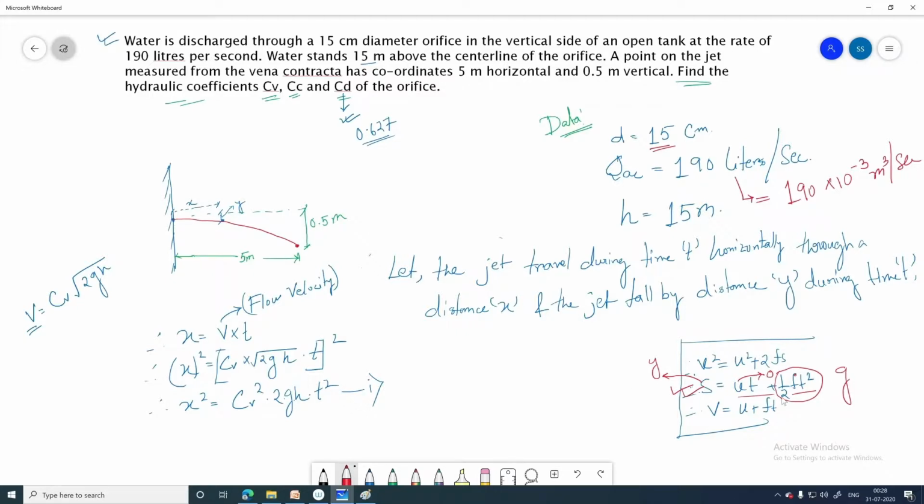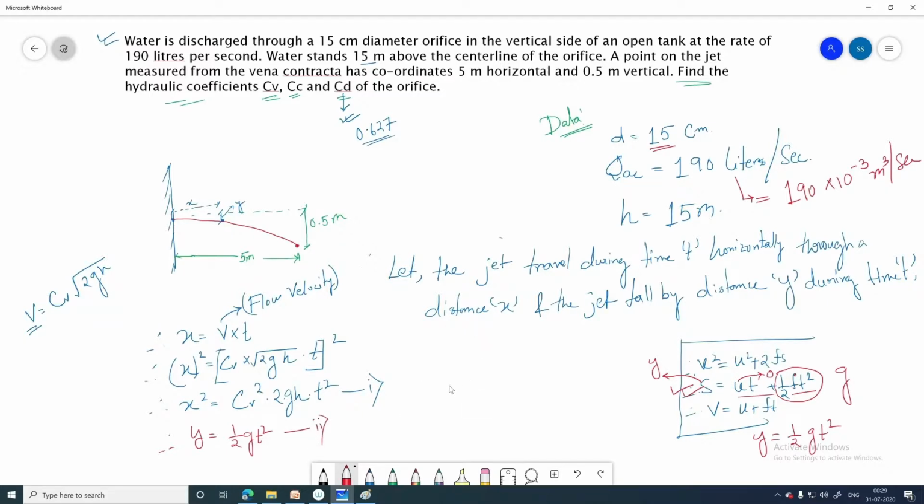So y equals half gt square. Give it equation number 2.